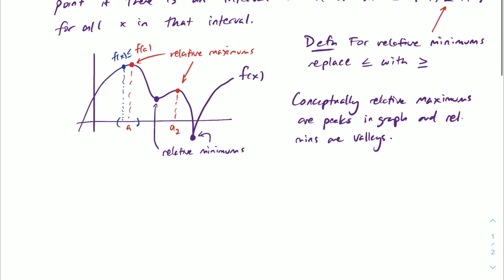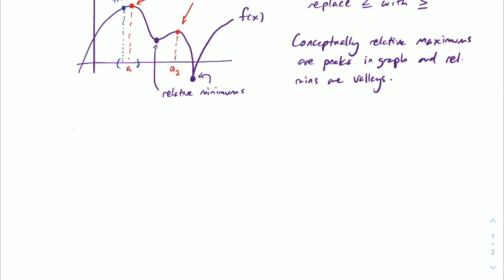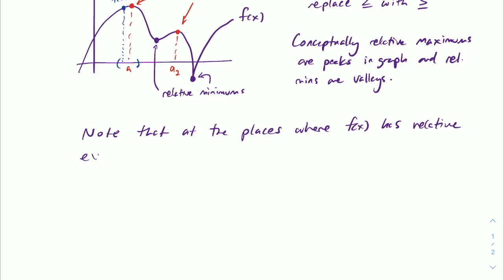All right, so let's do an example where we analyze a function and find its relative maxes and mins. Before we do this example, though, let me not get ahead of myself. Let me make a note. So note that at the places where f of x has a relative max or min, also called relative extrema, the derivative at those values is equal to 0 or is undefined.